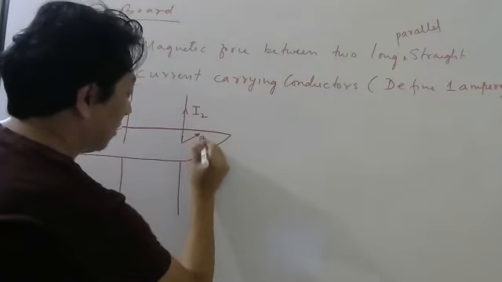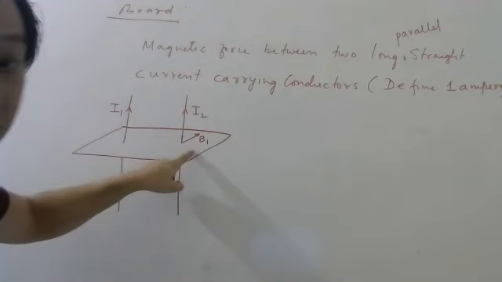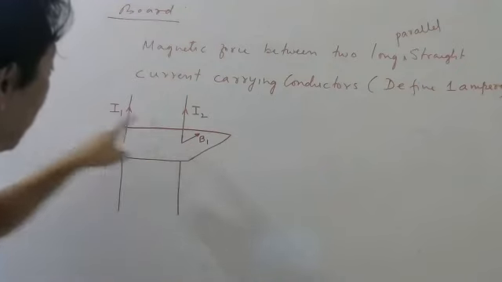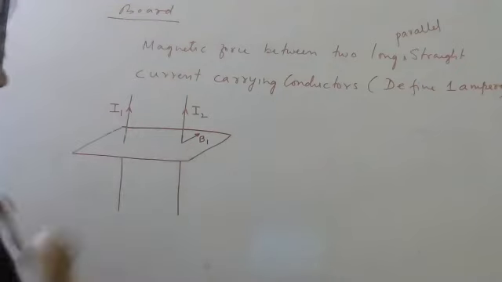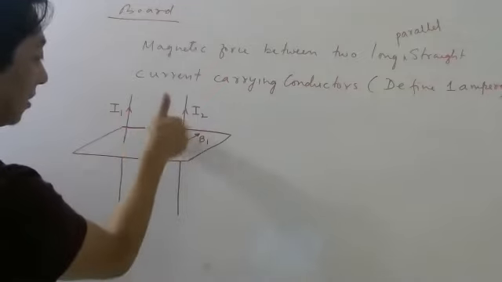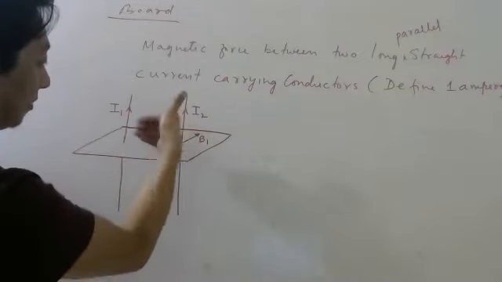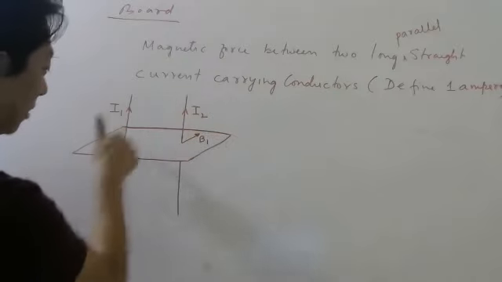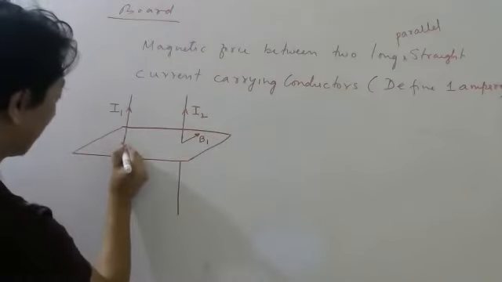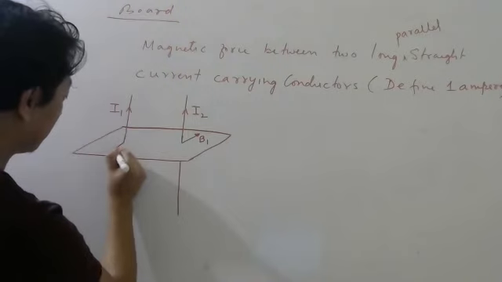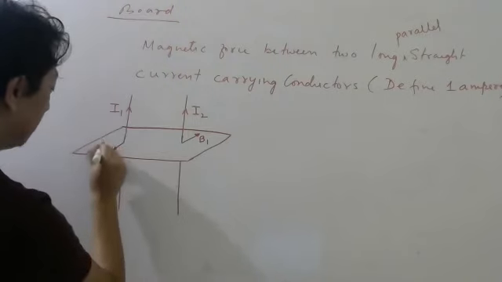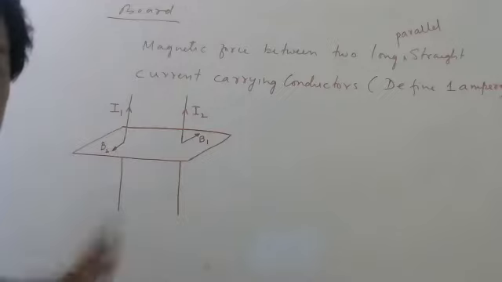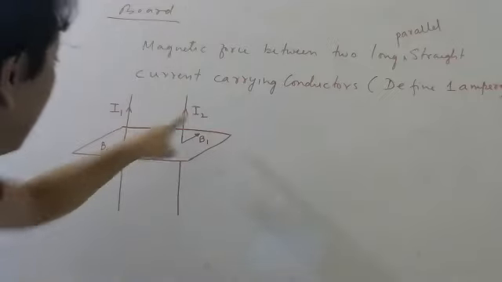So this will be B1. Be careful, B1. What is B1? The magnetic field due to this current. Similarly, this current carrying wire will produce a magnetic field here like this. Listen carefully. Here it will be outward. This is your B2. Why did I write B2? Because it is due to I2.